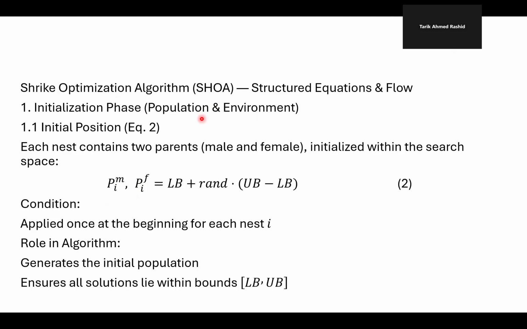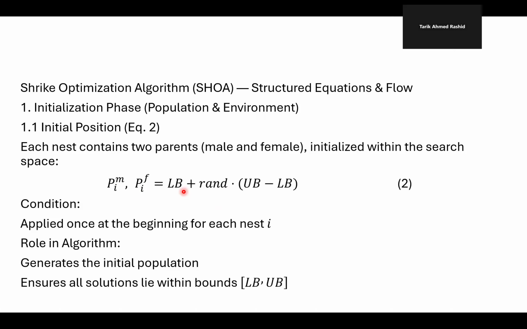So in the mathematical background, we have the initialization phase, population and environment. Equation 2 will initialize the values for the female parent and male parent. There's an upper bound and a lower bound for every dimension, every decision variable; the upper bound minus the lower bound is multiplied by a random initialization, plus the lower bound.